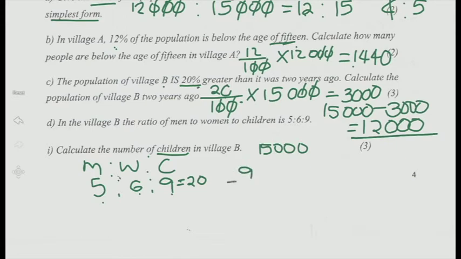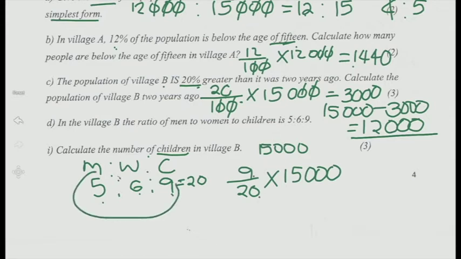So for the children, we have 9 over 20 times 15,000, 15,000 being the total number of population in the village. So the zeros here will cancel, leaving us with 9 over 2 times 1,500.